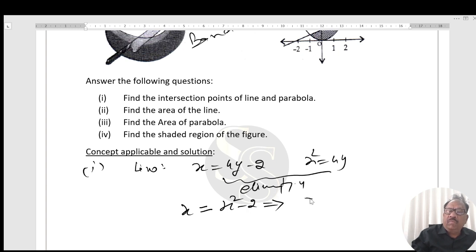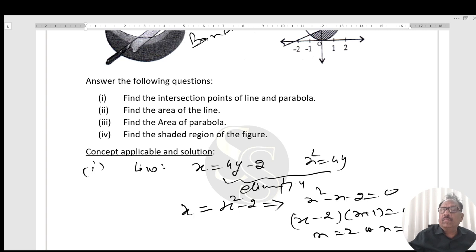On simplification, x square minus x minus 2 equal to 0. This comes out to be (x minus 2)(x plus 1) equal to 0. x equal to 2 or x equal to minus 1.